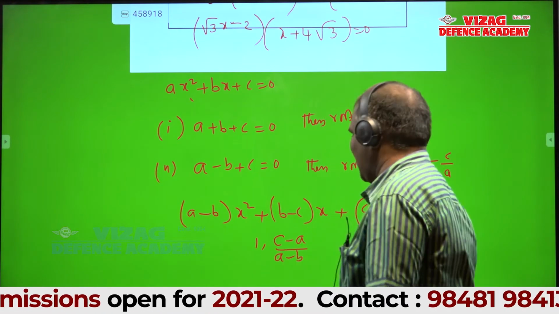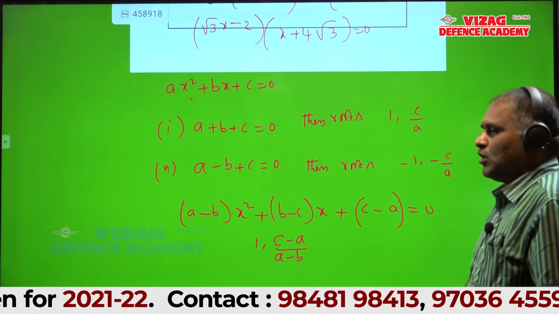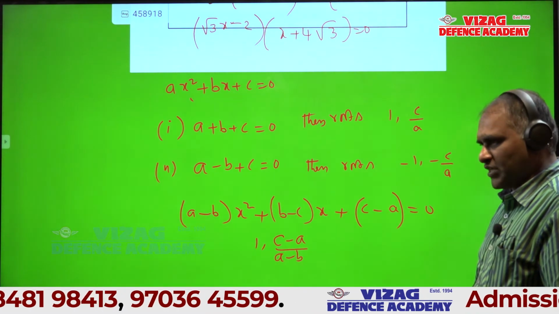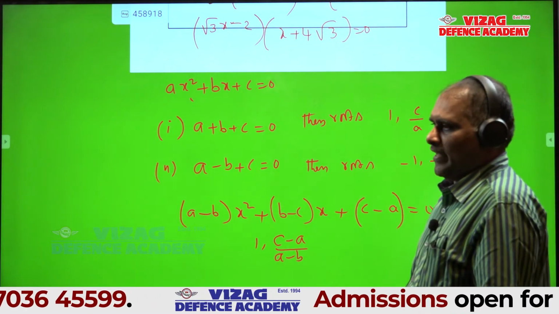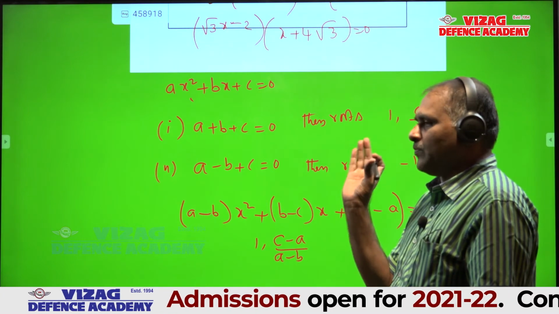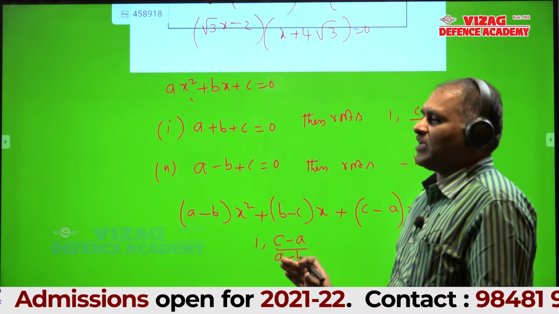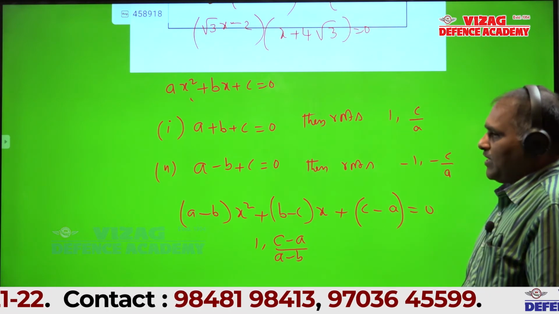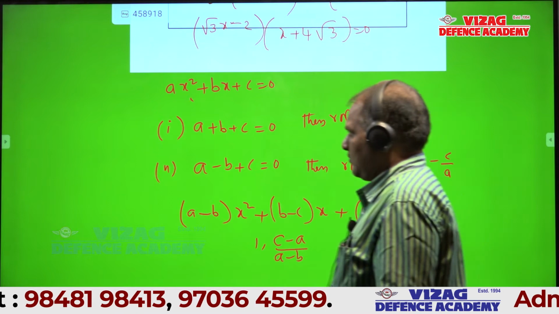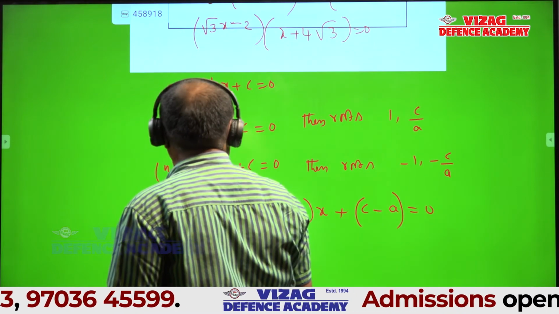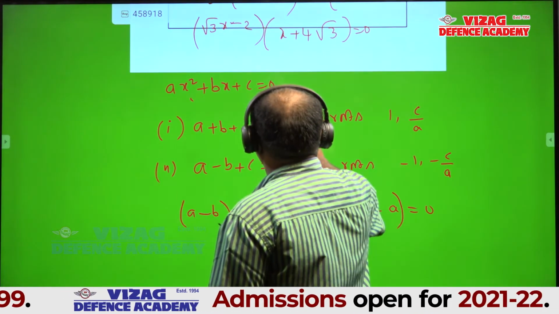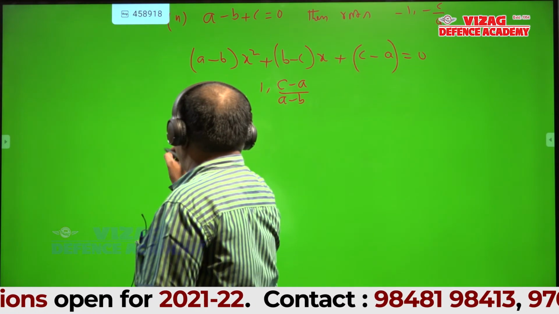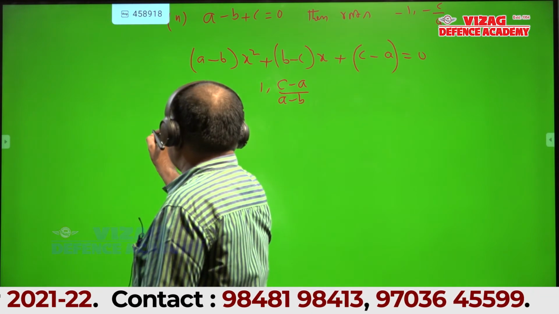Therefore, in this type of equation, how do we find the roots? By observation. By observation, immediately you can say what the roots are: 1 comma C minus A by A minus B. One more. Listen.